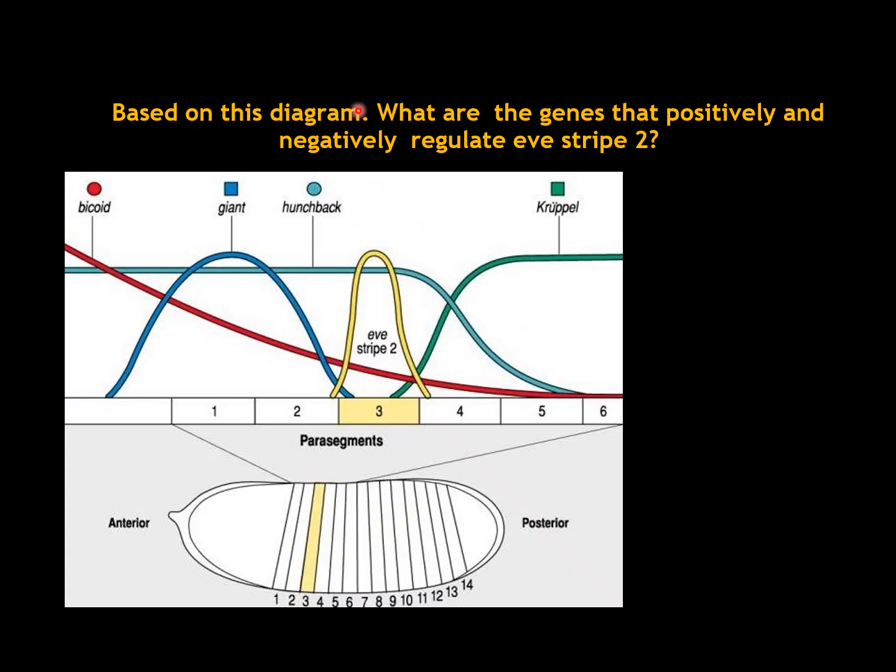Based on this diagram, what are the genes that positively and negatively regulate the even-skipped stripe? I zoom in on the figure so you can see it better. Here is stripe number 2, and here are these genes. So which ones do you think are negatively regulating, and which ones are positively regulating this parasegment number 2?